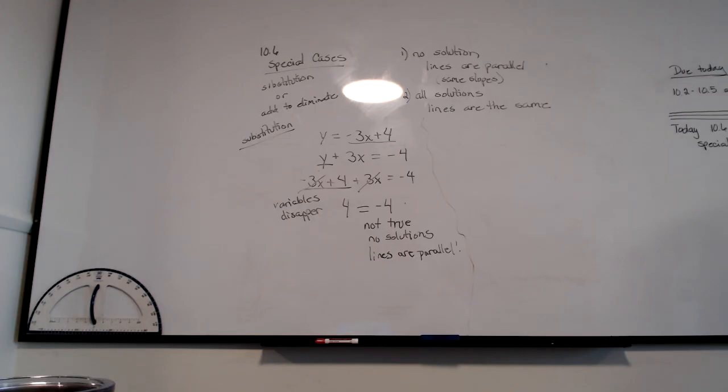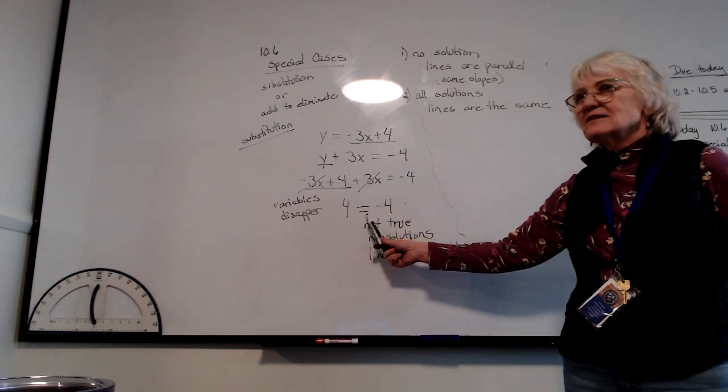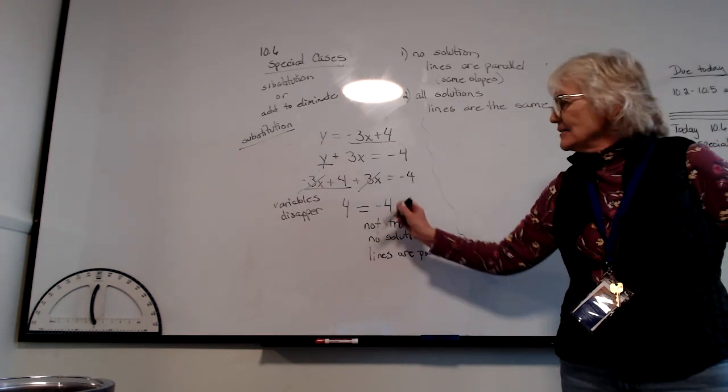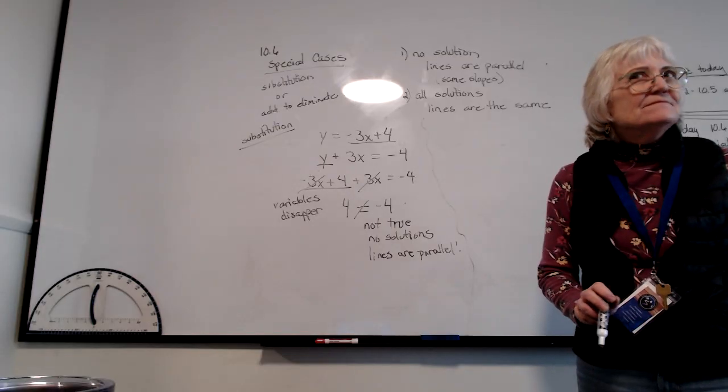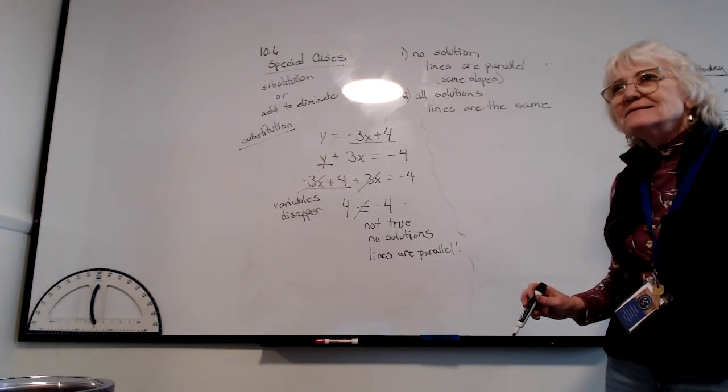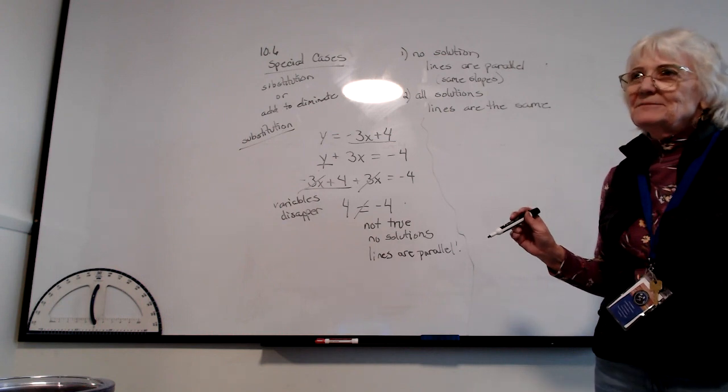How do you think the answer would be different if they're the same line? With parallel lines, the variables disappear, and it's not true. If it's the same, it will be a true statement.